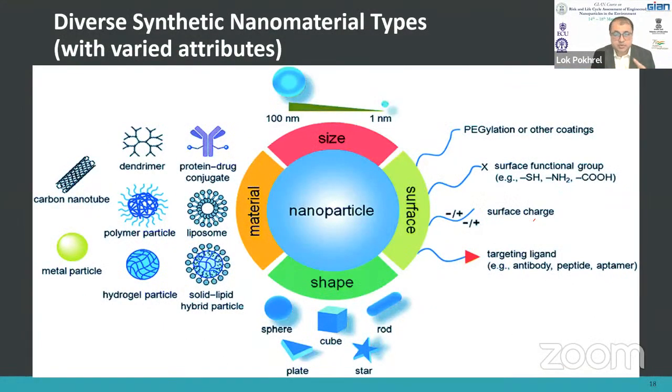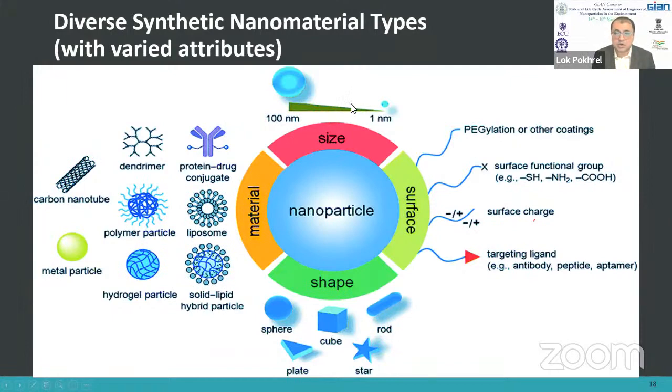Now, in addition to some of those basic differences, when we talk about synthetic nanomaterials, there is so much we can do. There is so much we can expect from these particles. We can create a lot of different size groups within the 100 nanometer size range, or maybe beyond.